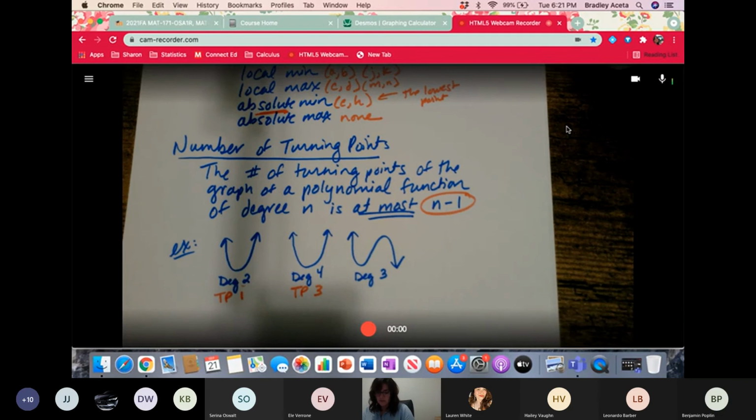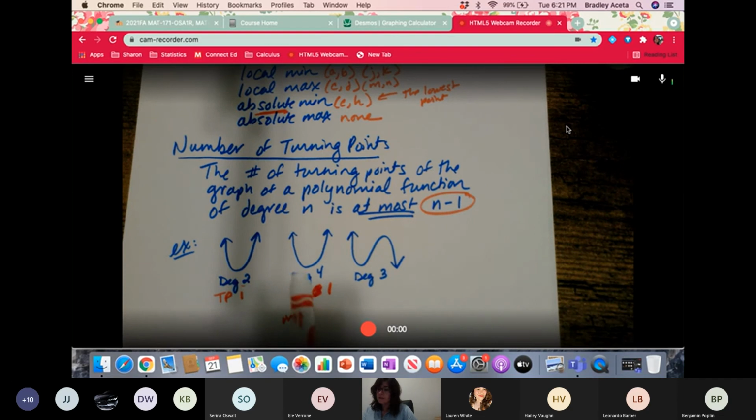Now you're looking at that picture and you're like, but there doesn't look like there's 3 turning points. Right, that's the most it could have. But this actually only has 1 turning point. I was trying to show you that that's the most it can have, but it doesn't have to have 3.